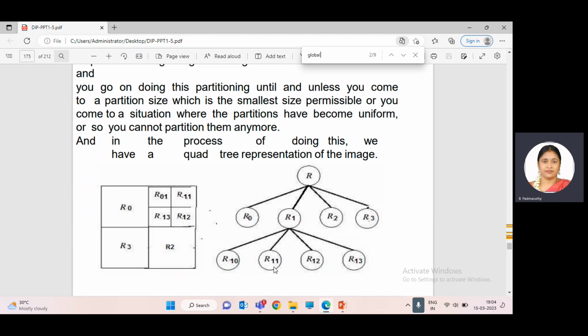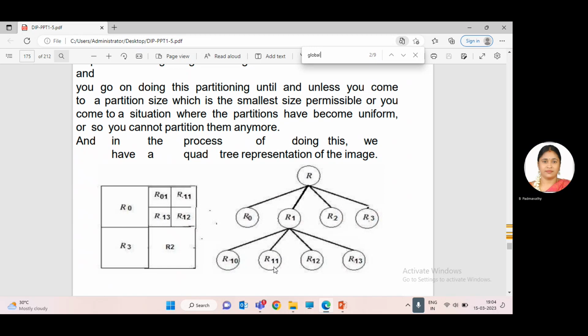And whenever you take an image, the image will be divided into four components. The first component is approximation, then horizontal, vertical and diagonal coefficients. We can call them A, H, V and D, where A is called approximation, H is called horizontal, V is called vertical and D is called the diagonal coefficient.